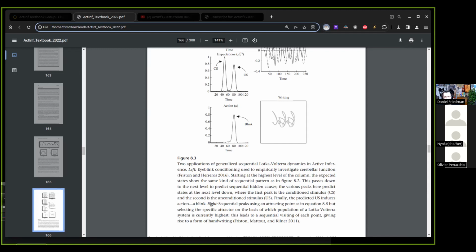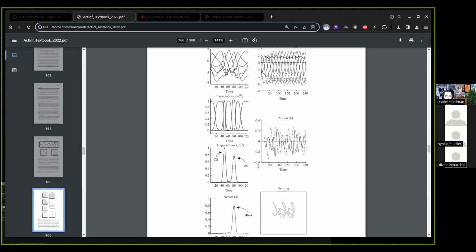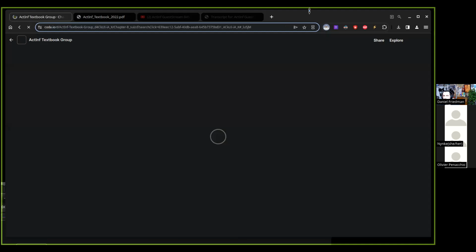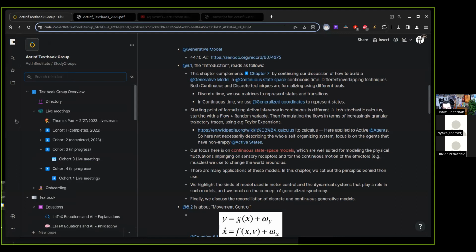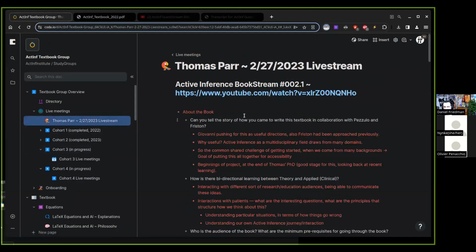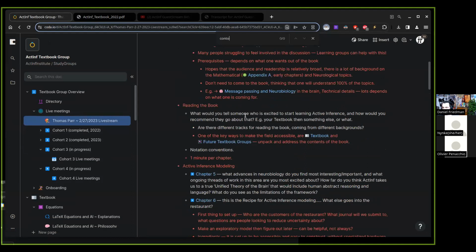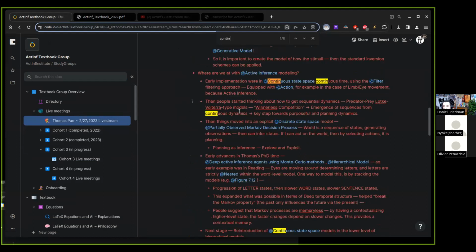And the right example, which also, listen to Thomas Parr's Bookstream 2.1 when he gives a little more of the history. He gave some great history here, talking about how the generalized filtering and continuous state space approach was early on being the most developed.